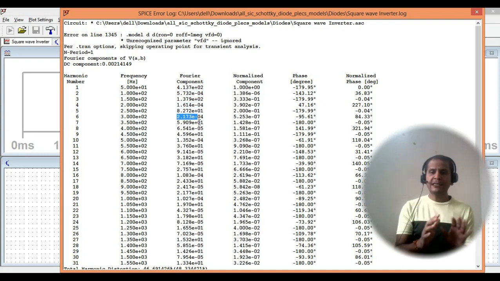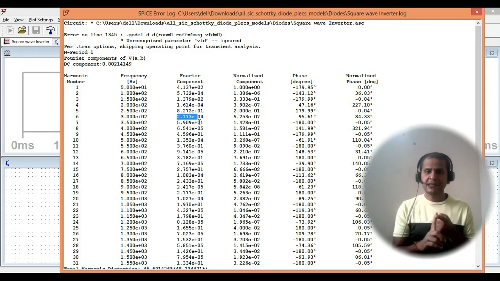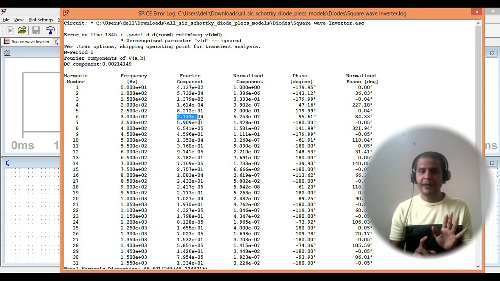So what you can see from this is that in a square wave you have the dominating harmonic components, which are the odd harmonics, because in the even harmonics they are more or less close to zero. But in the case of odd harmonics, we see the Fourier component has a positive value.